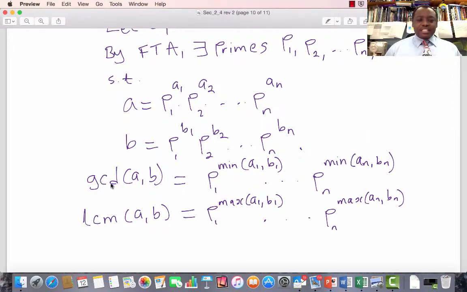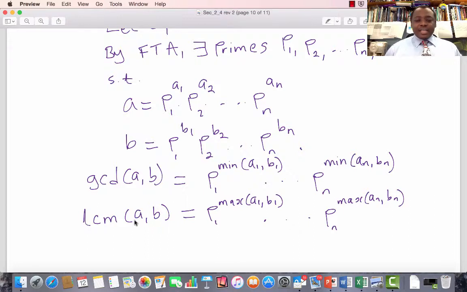The GCD of a and b is defined as the product of p1 raised to the minimum of a1 and b1 times p2 raised to the minimum of a2 and b2 times p3 raised to the minimum of a3 and b3 times pn raised to the minimum of an and bn.